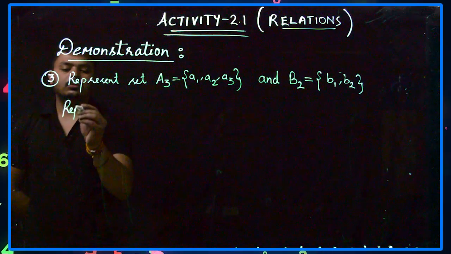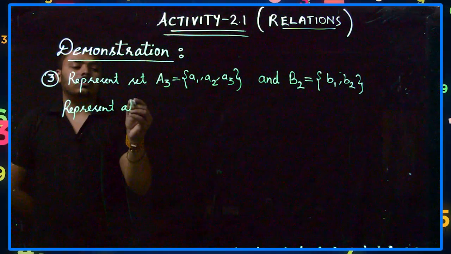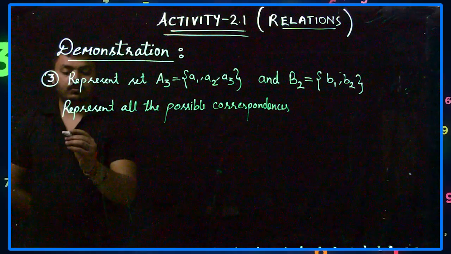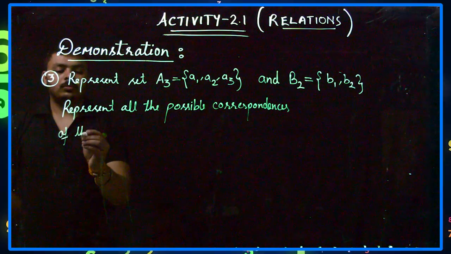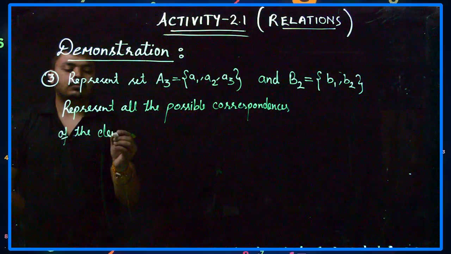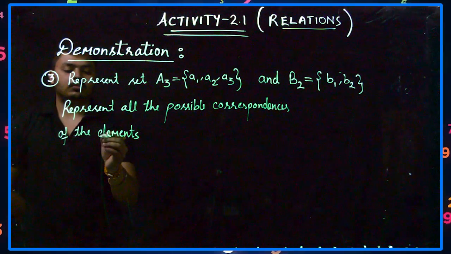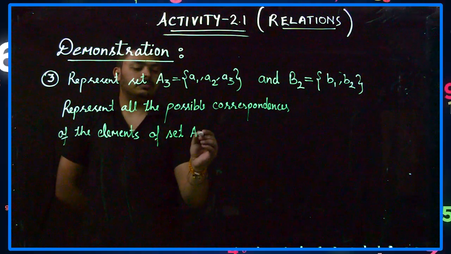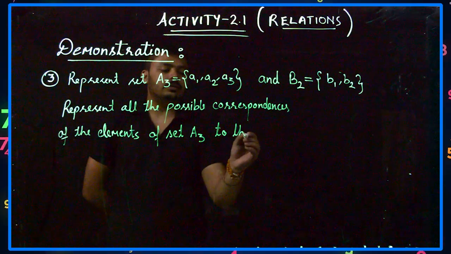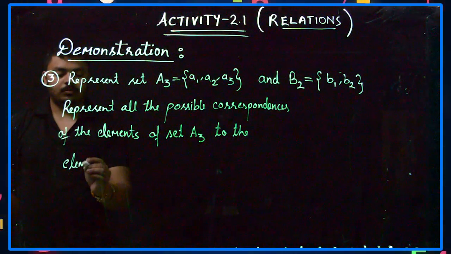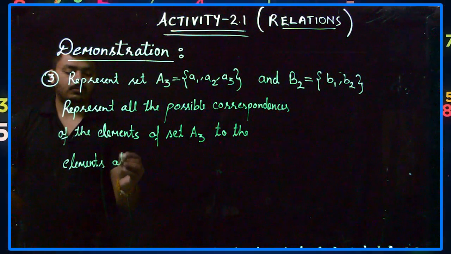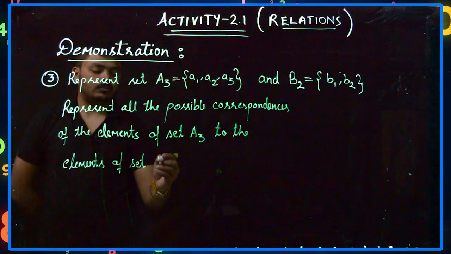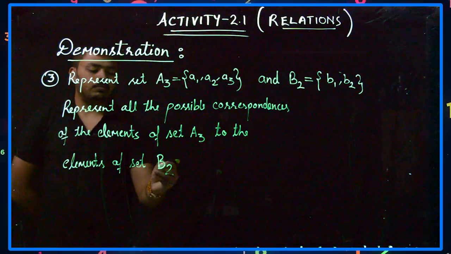So now we present all the possible correspondence of the elements of set A3 to the elements of set B3.